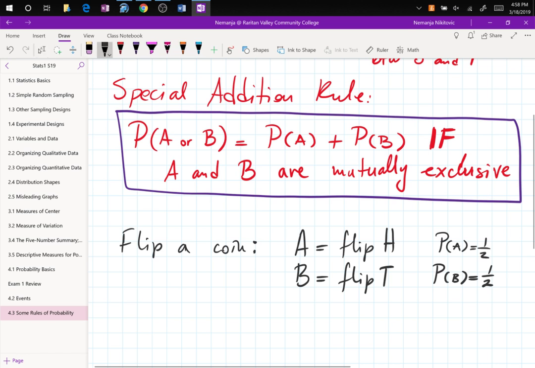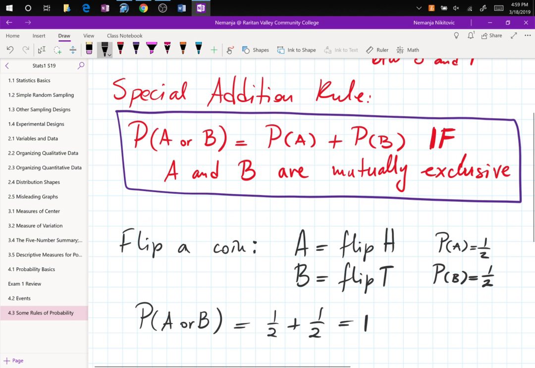So flip a coin, and what is the probability of A or B? In this case it would be 1/2 plus 1/2, which is 1. And this makes sense, because when you flip a coin, you're certain to get one or the other. Use the English language to understand this word problem.